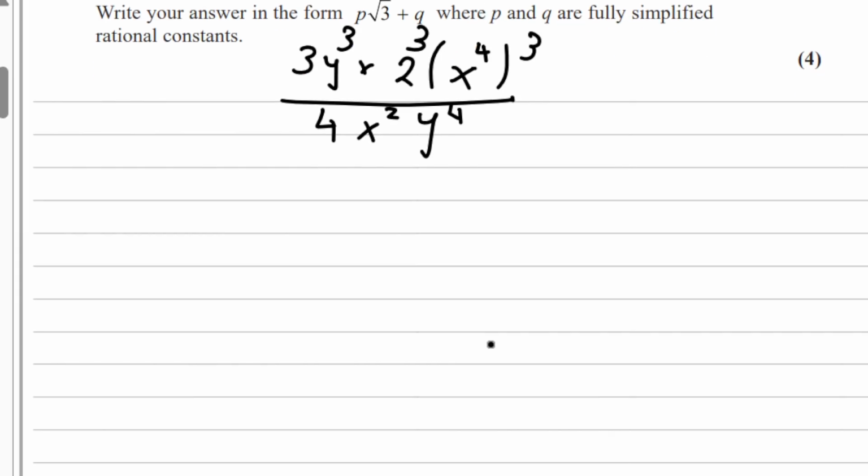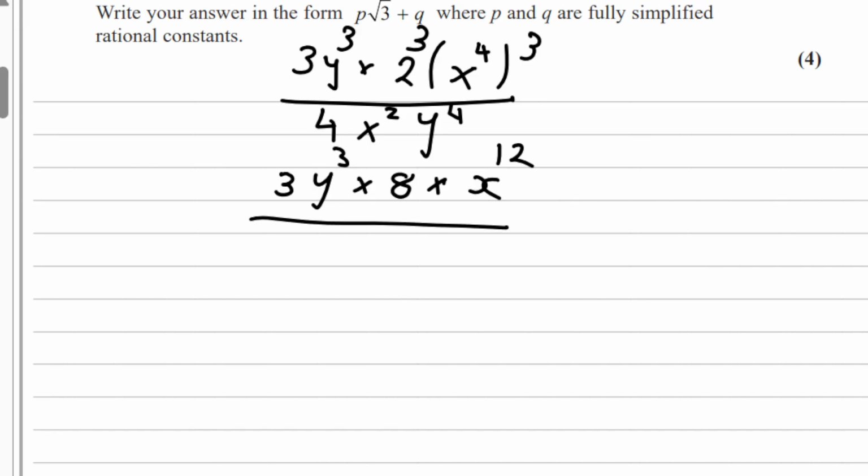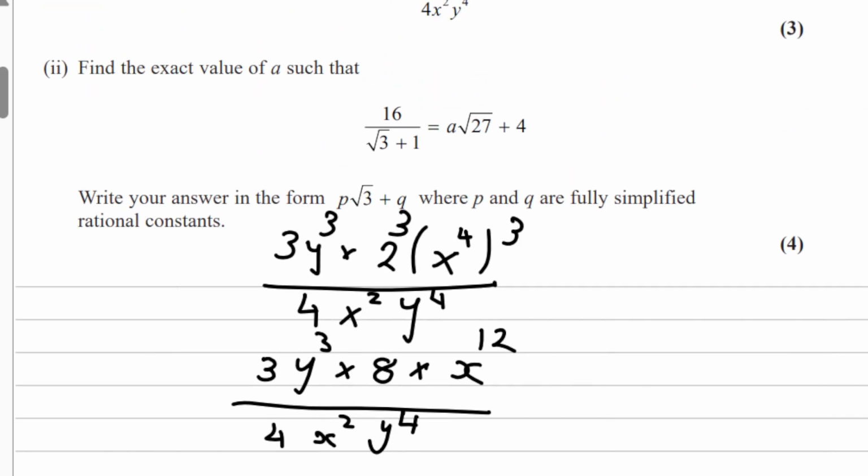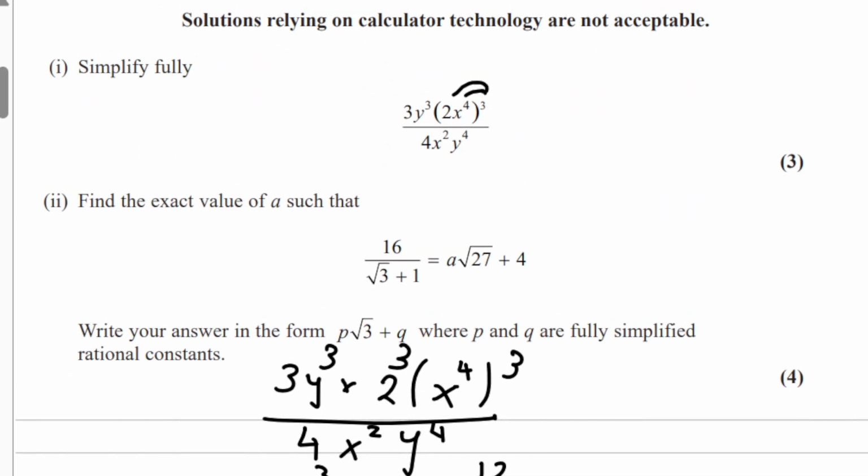Now, what I will do is, I'll just try to simplify it more. So it's going to be 3y cubed times 8, because 2 to the power of 3 is 8, times x to the power of 12 divided by 4x squared y to the power of 4. That equals, let's now try to use the indices.